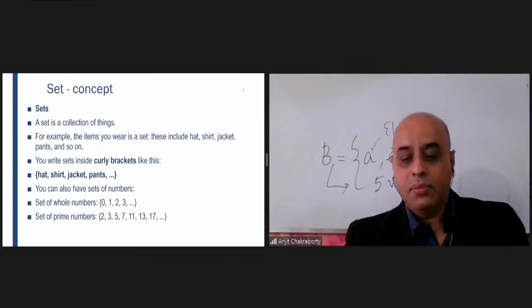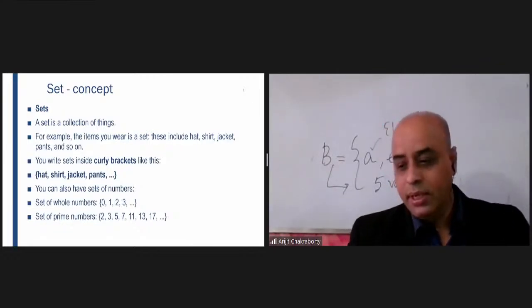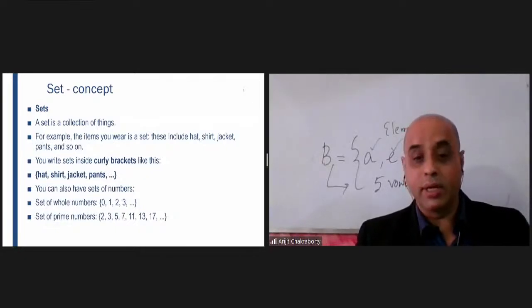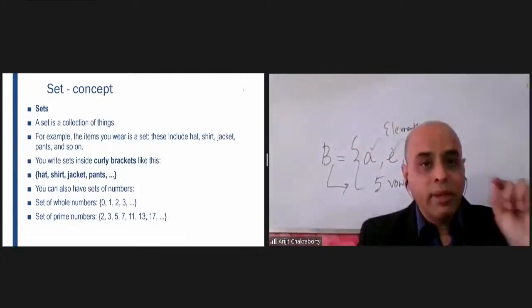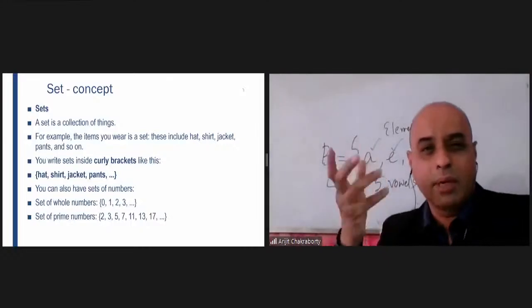Okay, so definitely the set concept is very simple. Okay, now let us see the example. Okay, Sakshi has a question. Small letters is elements. We always write the elements in small letters. Otherwise, what will happen? It will become confusing.